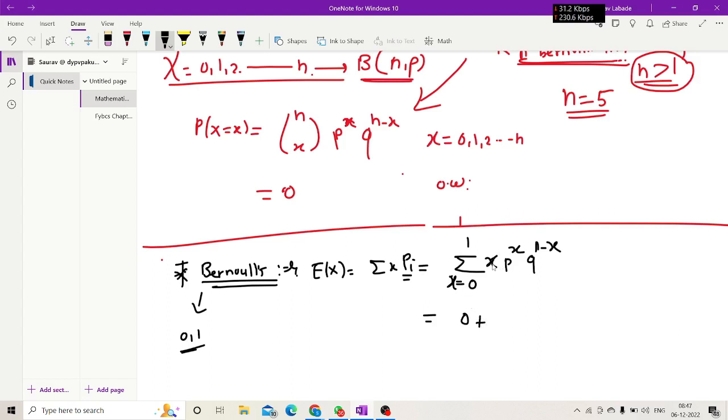If you substitute 1, then this will be 1 into p raised to 1 q raised to 1 minus 1, that is q raised to 0, which is 1. So the mean of the Bernoulli distribution is p. Expectation of x equals p.